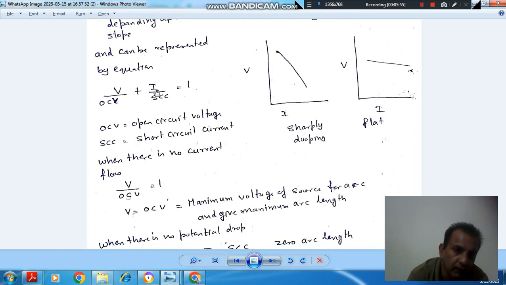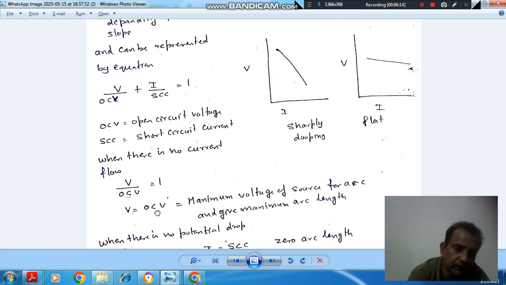So when there is no current, I will be 0, so V by OCV will be equal to 1, and so V is equal to OCV, the open circuit voltage. That is the maximum voltage of the source for a particular arc length.